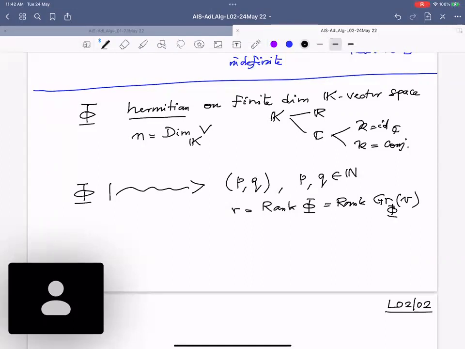And this pair we will call the type of phi. And of course, we have this rank.